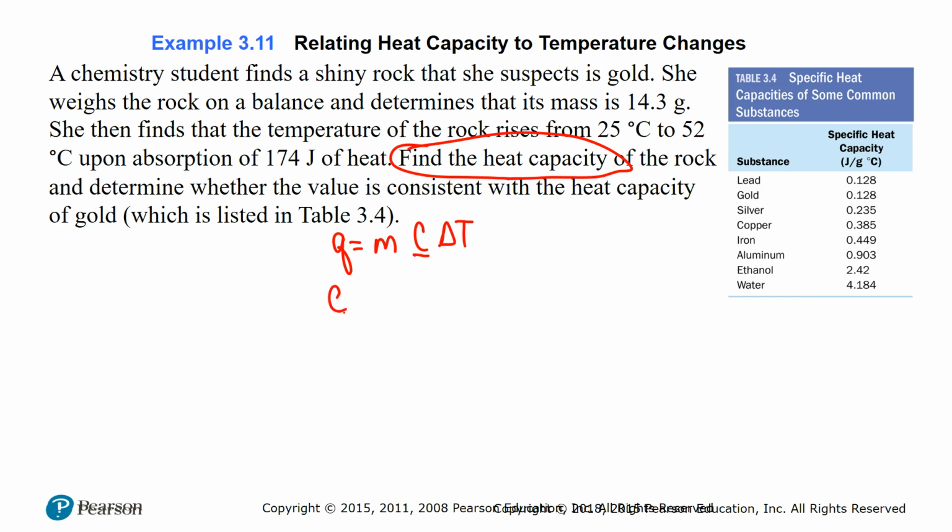So C is Q over M delta T, because all I have to do is divide the M delta T on both sides to get rid of it. All right. So that should lead you into where to go from there. Now all you have to do is plug the numbers in and get them. So take a minute, try to solve this one, and we'll come back and figure out what element this is.